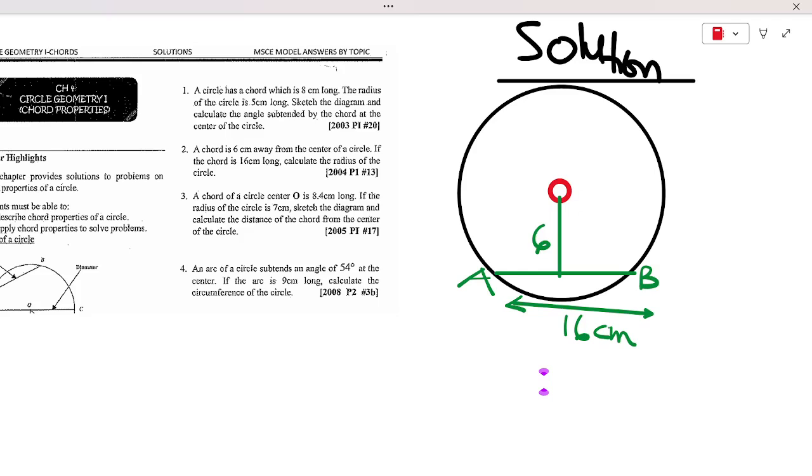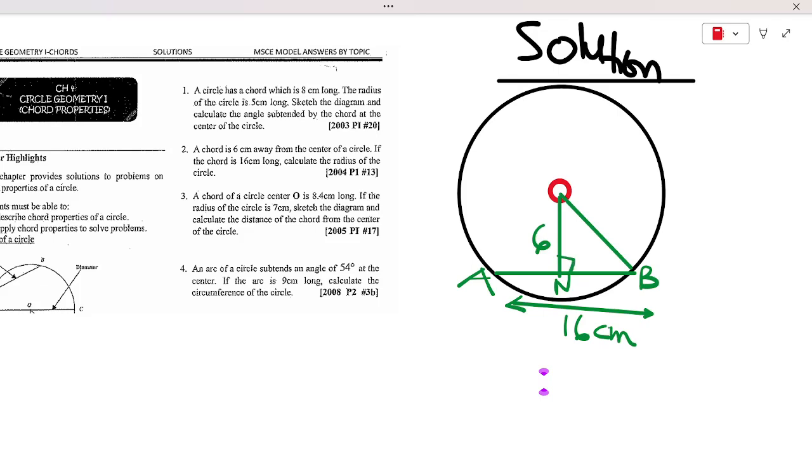So you join like this, and let me label this point N. You know that when the line goes from the center to the chord perpendicularly, it makes an angle of 90 degrees like this.